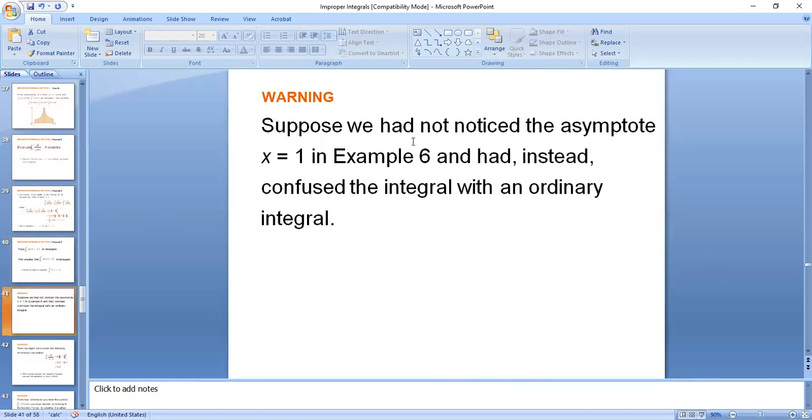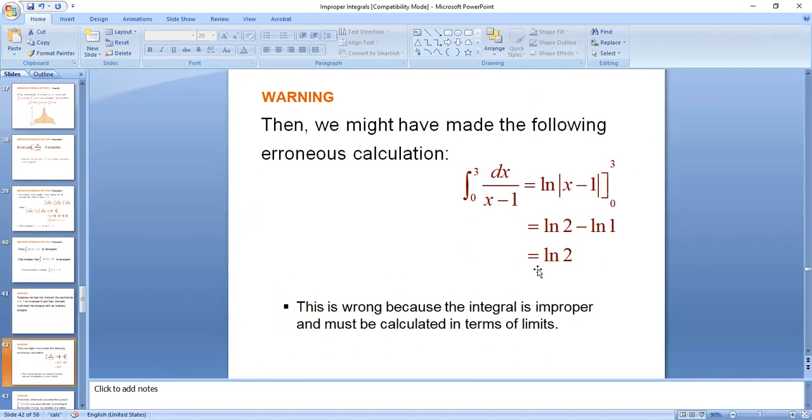So suppose we had not noticed the asymptote x equal to 1 in the previous example, and we just evaluated it as an ordinary integral. This would be our answer.